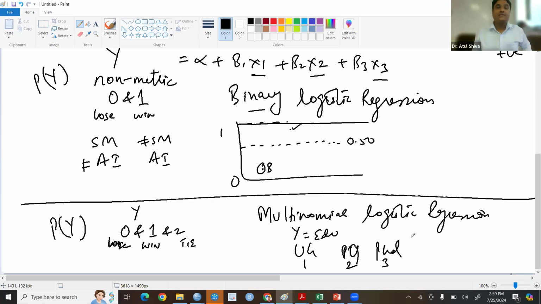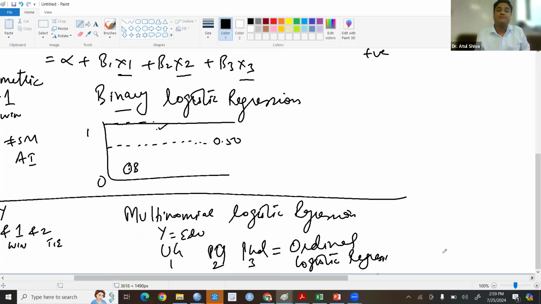So in such a case, when you have more than two categories of dependent variable and you can rank them, then you apply ordinal logistic regression. It is the type of variable which is available in front of the researcher.